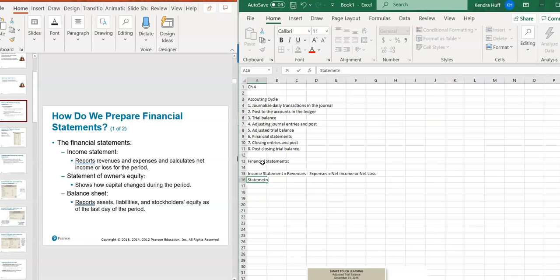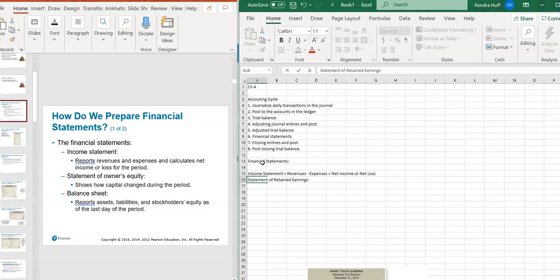And there's the statement of owner's equity, which shows changes to capital. We've been doing statement of retained earnings, changes to retained earnings, and we're going to stick with that.